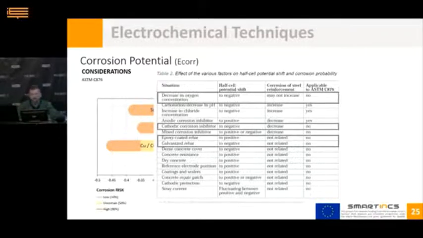But this negative reading, and this is important, doesn't necessarily indicate a high corrosion probability. It's only a distortion of the measurement, but it doesn't mean that the corrosion risk is higher.